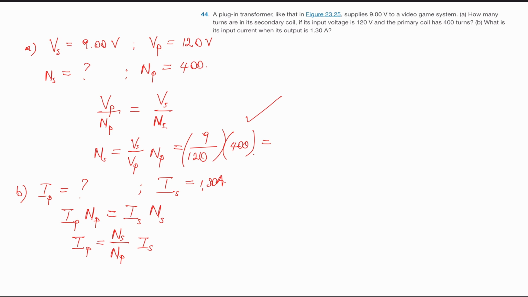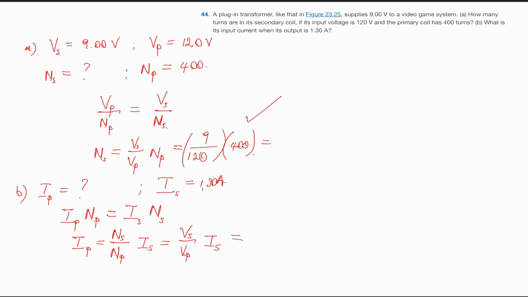What we will obtain is that NS over NP is just VS over VP. So we can substitute that in there and find that this is going to be VS over VP times IS. Now we have already computed this, right? We do know these values. So we could just punch them in, and we know the current here, and we could determine what the current on the primary side is going to be. And that looks like this.